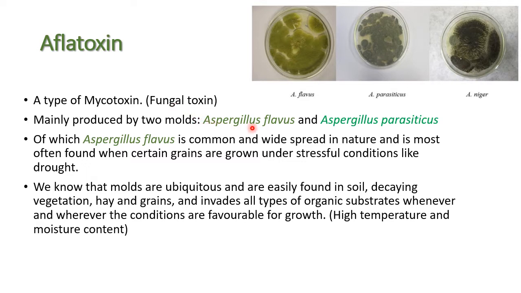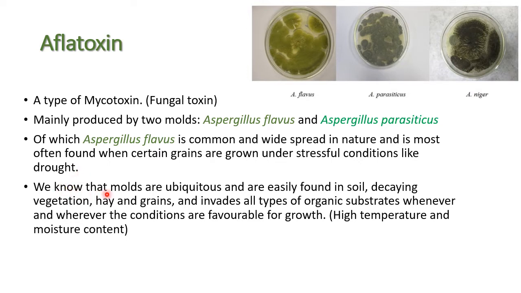Mainly these two molds, Aspergillus flavus and parasiticus, are known for aflatoxin production, and they are widely found on crops or grains or any decaying, perishable food items. Of which Aspergillus flavus is very common and widespread in nature and is most often found with certain grains grown under stressful conditions like drought.